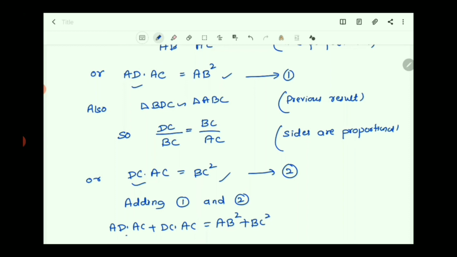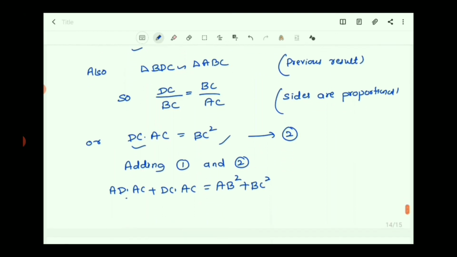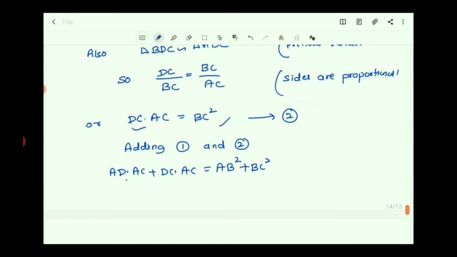Adding first and second means the LHS parts are added together and the RHS parts are added together. That is AD into AC plus DC into AC on the left, and AB square plus BC square on the right. Here AC is common, so you take it outside.